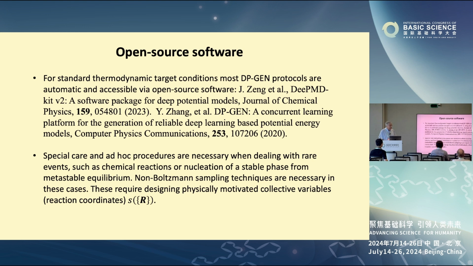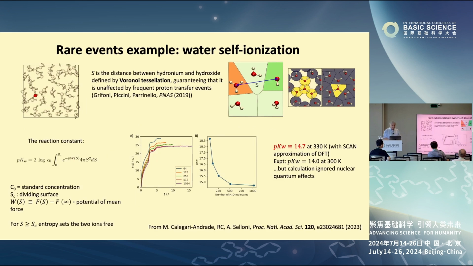They require physical and chemical intuition, and then one has to sample the potential energy along this reaction coordinate, and in order to do that, one has to use non-Boltzmann sampling techniques. So this is indeed the case, and I want to present here a couple of applications.